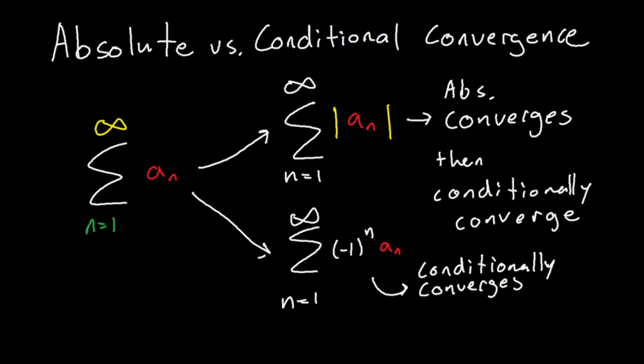But if you take the absolute value of this, and this series doesn't converge, right? If you take the absolute value of an alternating series, you kind of just wipe out this guy. Then that means you just conditionally converge, okay? So if you wipe out the alternating part of your series and your series no longer converges, then that means you just conditionally converge. You do not absolutely converge.